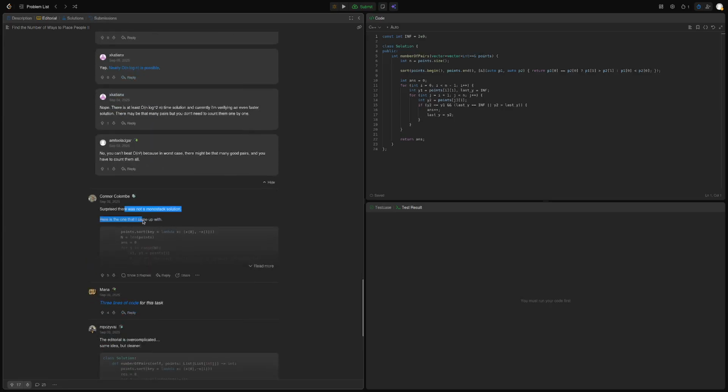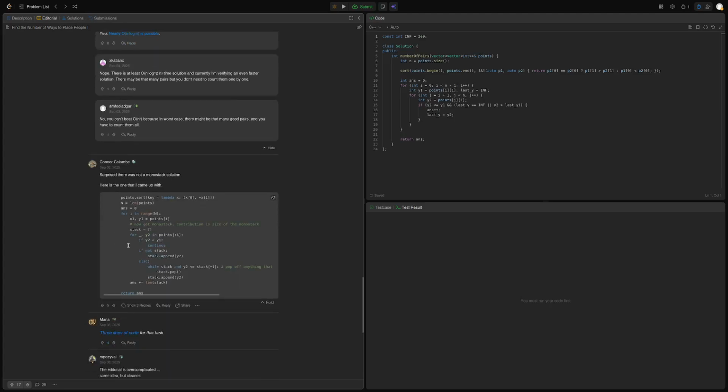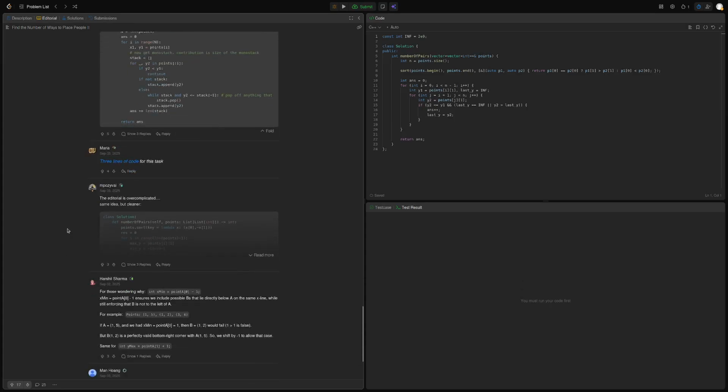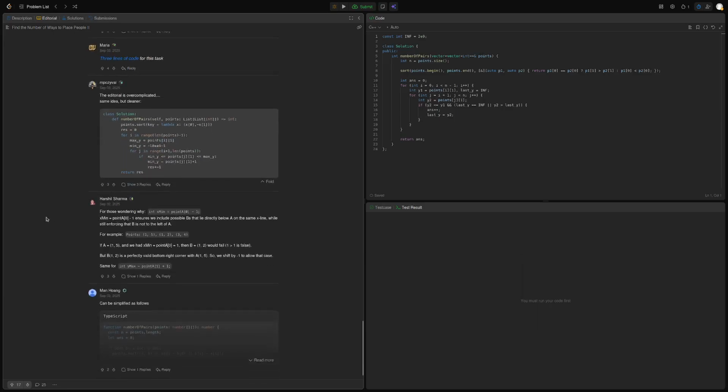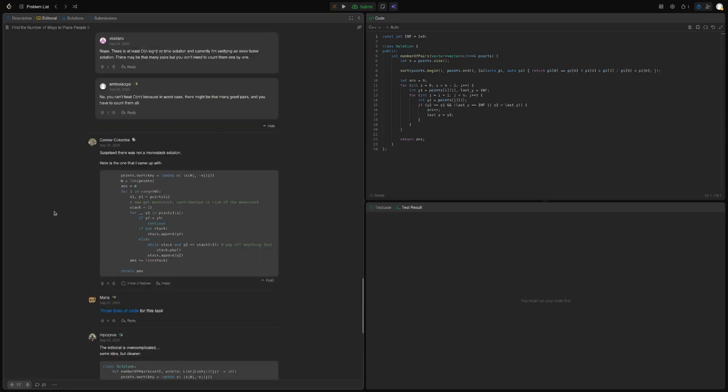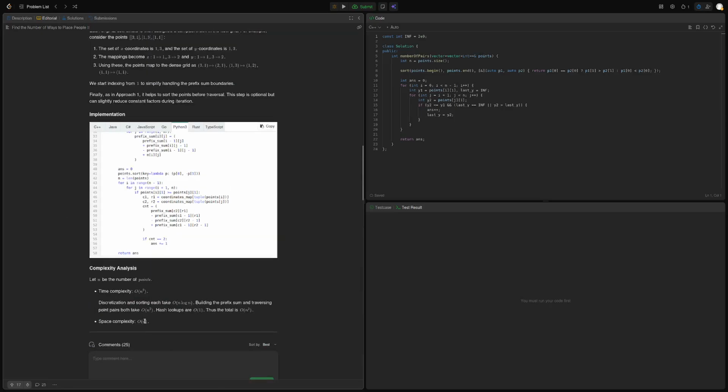Surprised there was not a monostack solution. Here is the one I came up with myself. I mean, that's still n squared, so who cares? I mean, yeah, but you are sorting, so... And still, this is wrong.